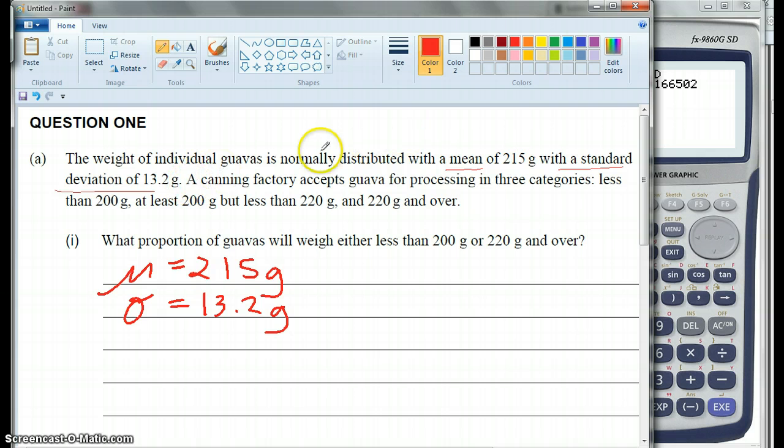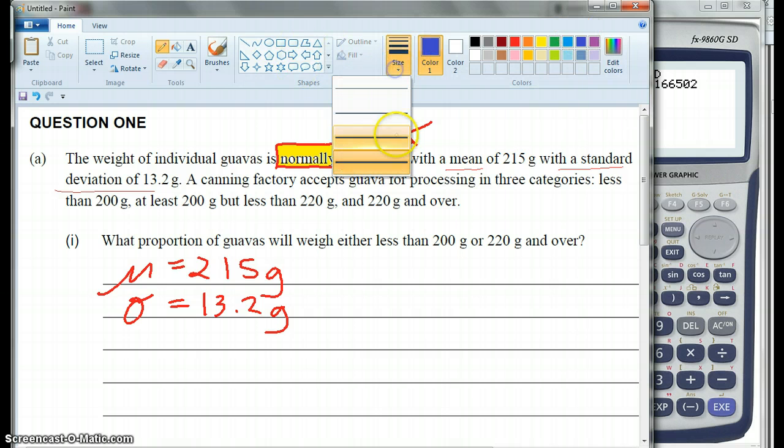Okay, and it says normally distributed, so I'm going to use the normal distribution on my calculator because that's what it's telling me. Normal distribution. Okay, nice, it tells you. Good.